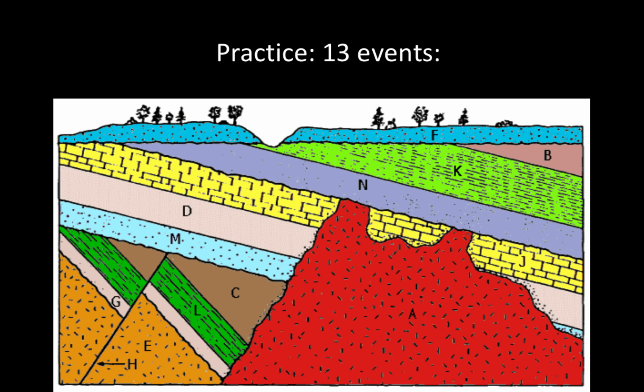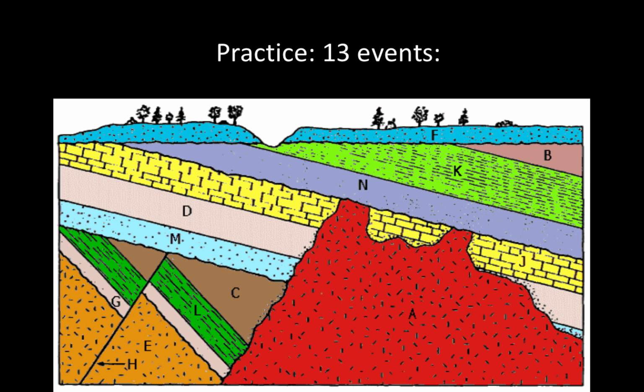All right, so you're starting down at the bottom. You can see that we have a big red blob A that's cutting across a bunch of other stuff, so you know A can't be first. So take a look at E down there in the bottom. E is on the bottom. Then we have G. Then we have L, C, and then you can see that something's cutting across everything up till C. So what's next?